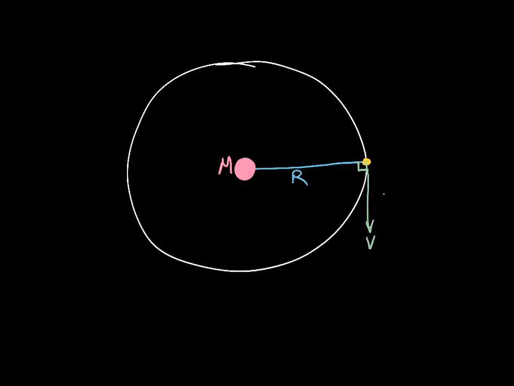But this is circular motion. Rotational motion, circular motion, not the same thing. Rotational motion is more about something on a fixed axis, like a disk rotating. This is circular motion. This is something moving in a circular path, a single particle or something modeled as a single particle. So you could think about a ball on a rope and you're swinging it around. Why does the ball take a circular path? Well, by slinging that thing around, you're providing a speed to that ball, but the rope keeps pulling it to the middle.